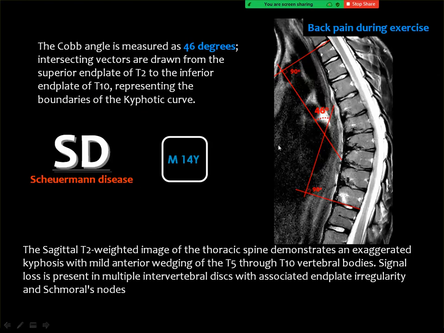Then if the curve is slightly wide and these two lines will not meet, as you do in scoliosis, you insert a perpendicular line to this one and another perpendicular line to this, and you measure the angle in between.